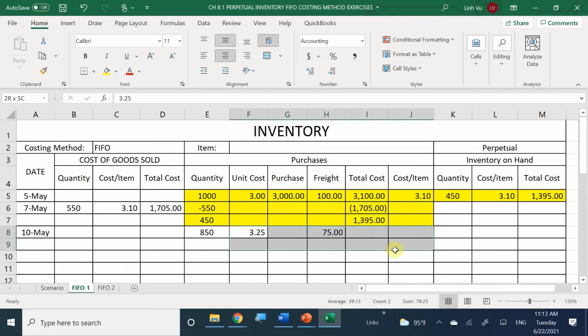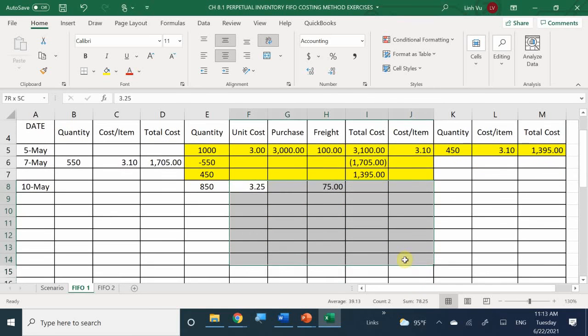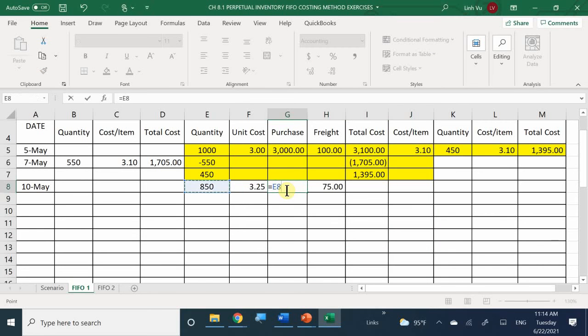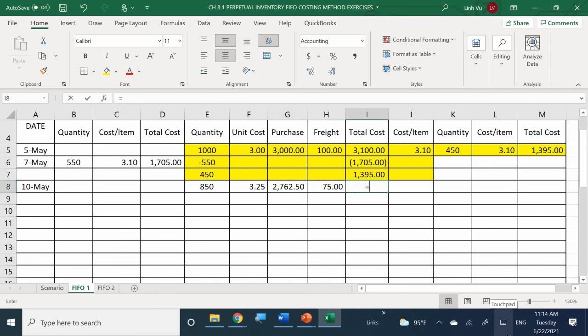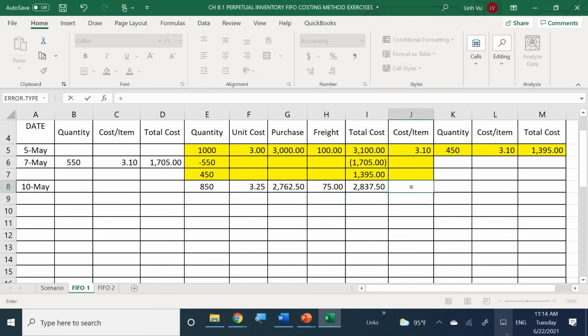So here, what is my total purchase price? 2,762.50. Good. Plus $75, $2,837.50. Good. And what should be my cost per item now?